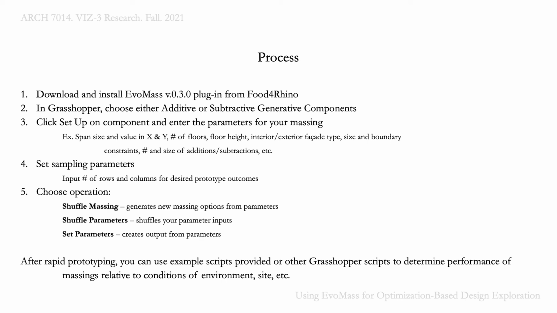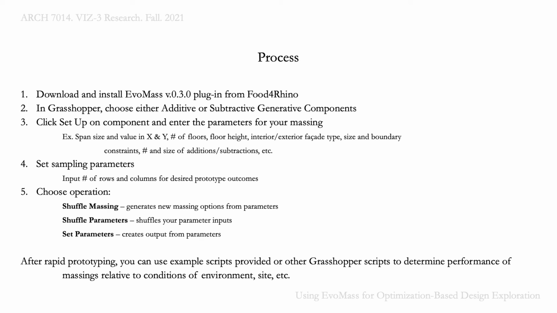Some of these examples are span size and value in X and Y, number of floors, floor height, interior and exterior facade type, size and boundary constraints, number and size of additions, subtractions, etc.